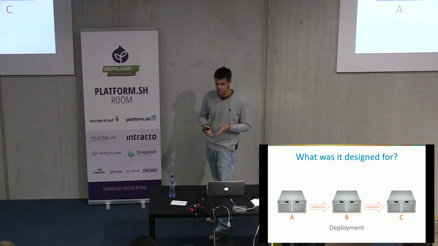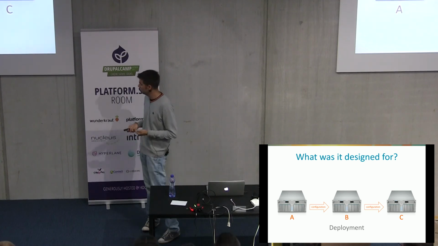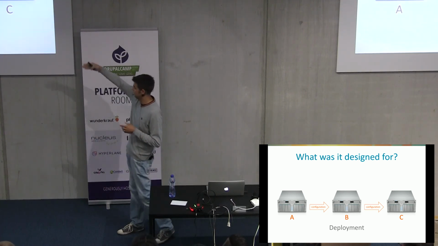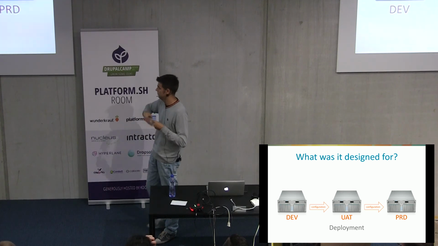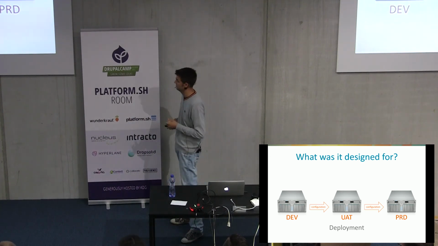So originally, the configuration system is designed for doing deployments. As you can see here, you want your configuration typically to flow from one environment to the other, and again, further. Classic use case is from your dev machine to UAT, user acceptance testing, to production. So that is what it's built for originally.